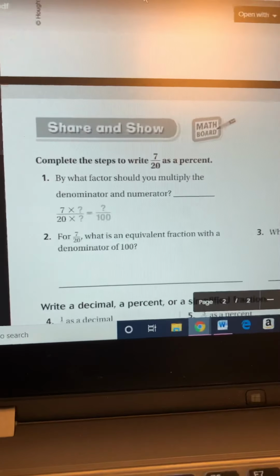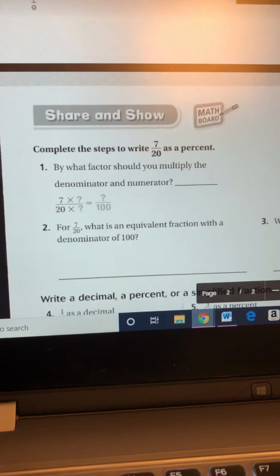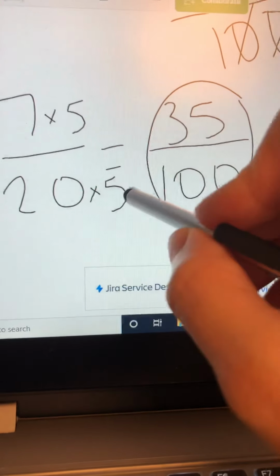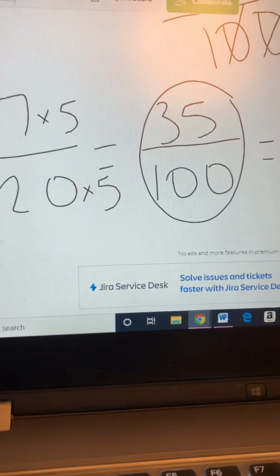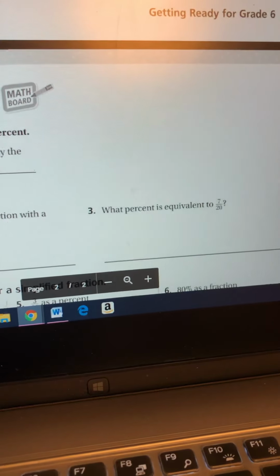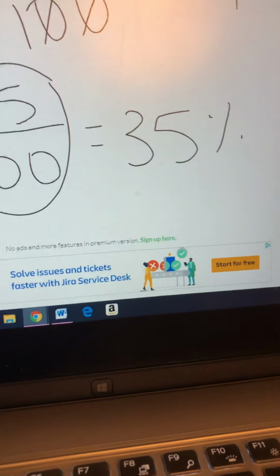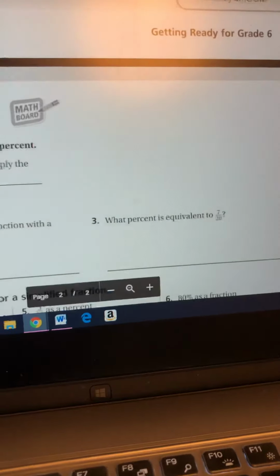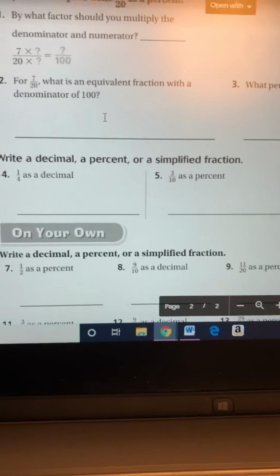And number one, by what factor should you multiply the denominator and numerator? Well, we did it here by 5. And number 3, what percent is equivalent to 7/20? Well, we did the math and we figured that it was 35%. And that's pretty much the lesson for today.